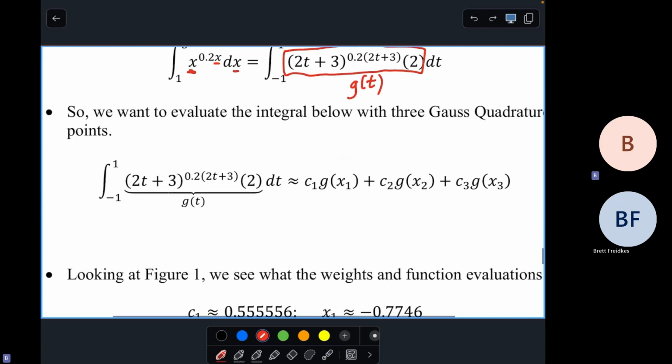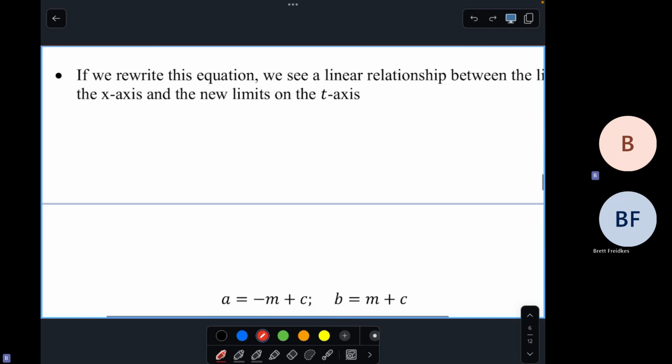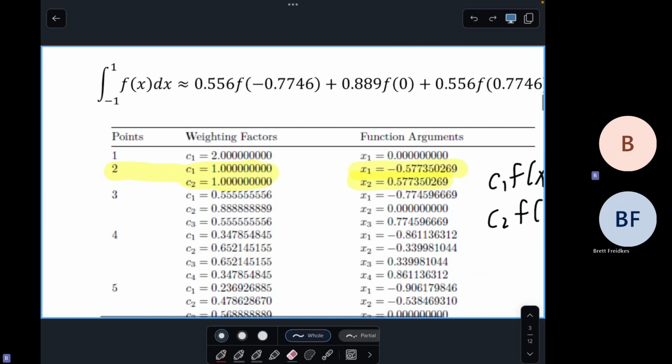So what we'll do is if we look at the table, let's come back up to the table, because I didn't get to show this in class that one time. If you look at the table, you can see that if you have 3 points, here's your C1, your C2, and C3. Here's your X1, your X2, and your X3.